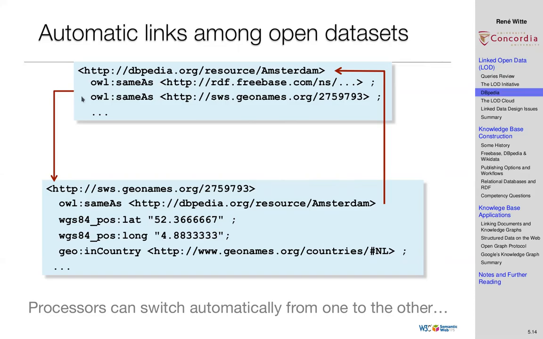Or you can go from DBpedia into another knowledge base, like GeoNames, and get further geographical information. So this is what enabled all these things that we talked about, intelligent systems that can get more information and combine different sources to make new conclusions.